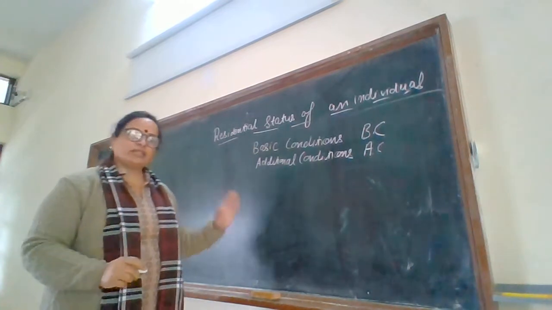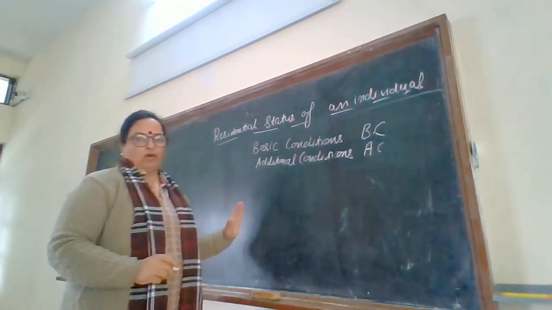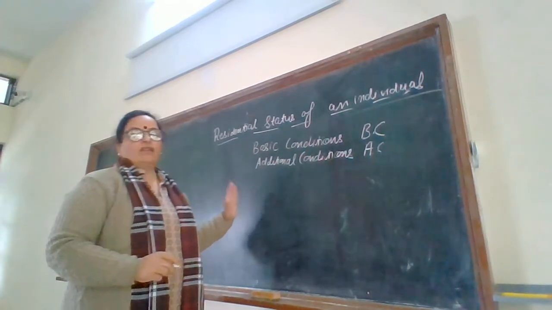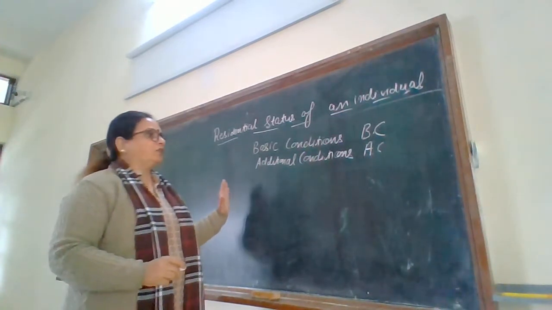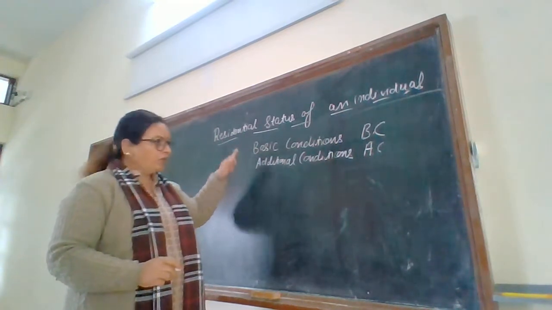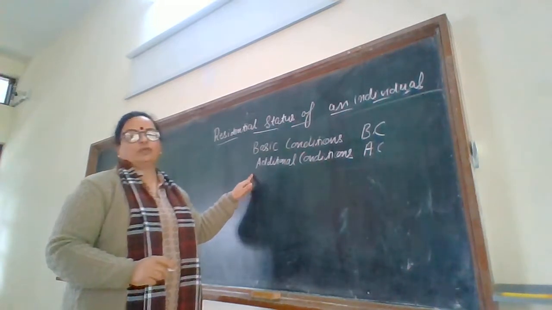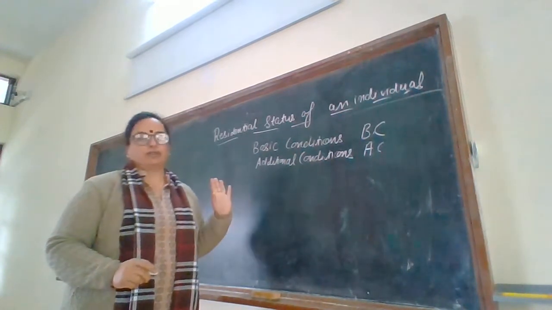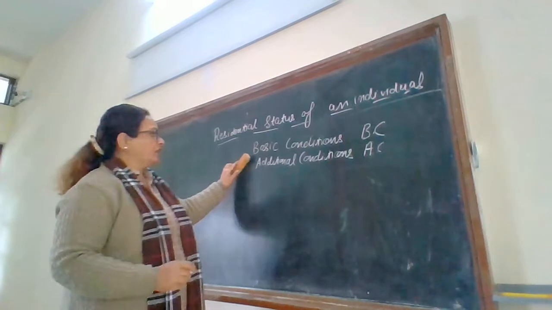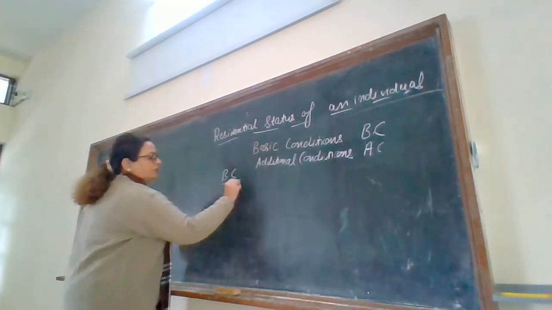For determining the residential status of any individual, first of all, we will see whether the individual is fulfilling the basic conditions or not. Then we will go further and see whether the individual is fulfilling the additional conditions or not. Now I will discuss what the basic conditions are.